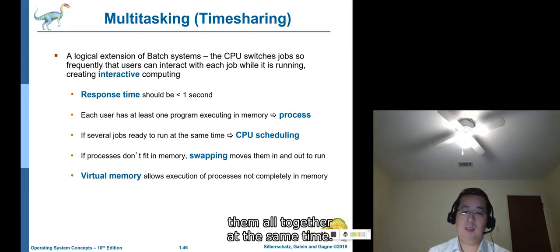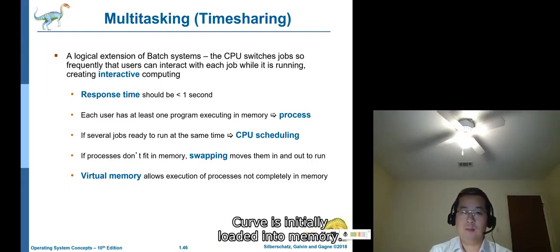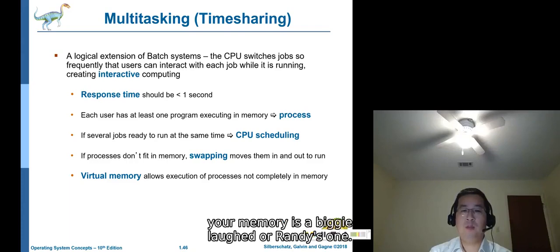all together at the same time when the process is ready to be scheduled, or initially loaded into memory. So you just do it in a dynamic way. You don't need to fear this process. You think your memory is big enough to run it.